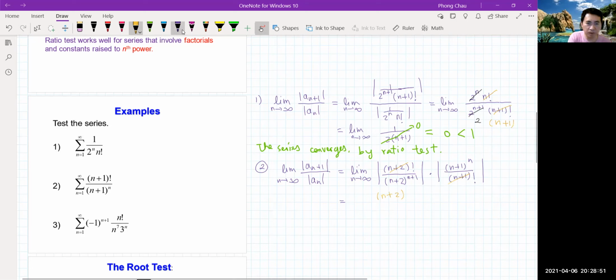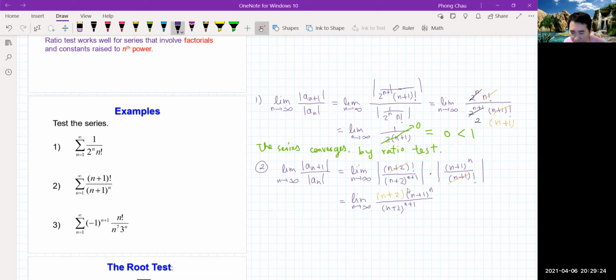Okay, so let me rewrite this. I have the limit as n approaches infinity of (n+2)^(n+1), and let's put it on top, so that's (n+1)^n.